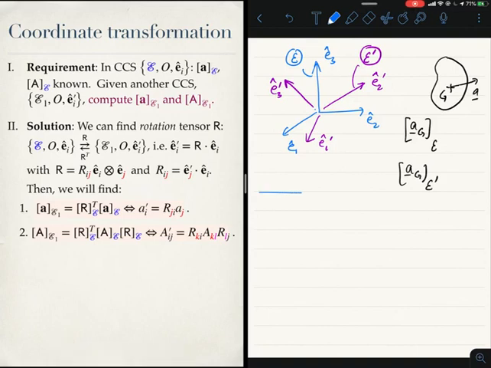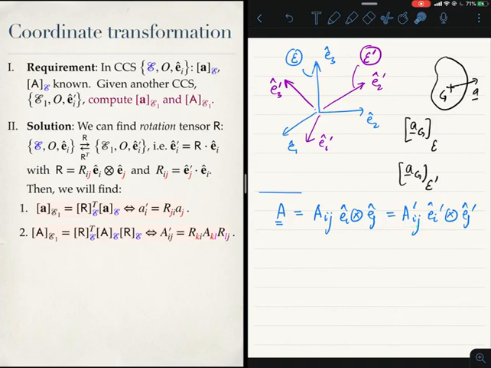So what we do is that we first write down A, and we know that we can express A in two ways. We can write it out in terms of the old coordinate system like that, which must be the same as writing it out in terms of the new coordinate system like this. So these are the components of A in the new coordinate system.